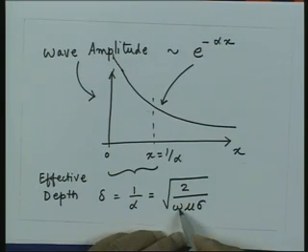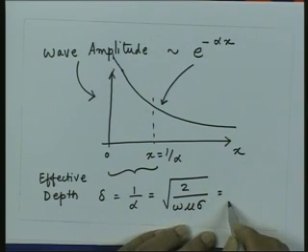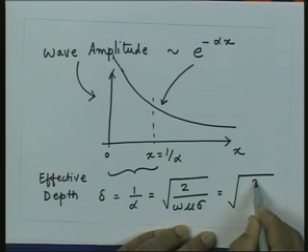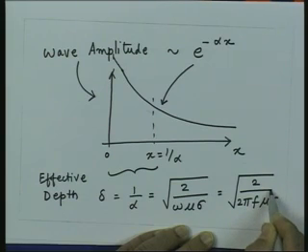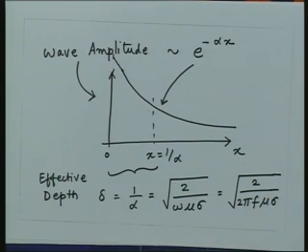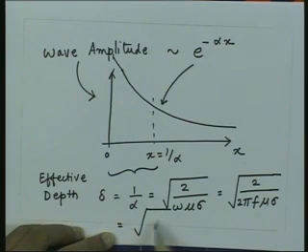If I substitute for omega, which is 2 pi times frequency, that will be equal to square root of 2 upon 2 pi f mu sigma. 2 will cancel. So, from here essentially I get square root of 1 upon pi f mu sigma.